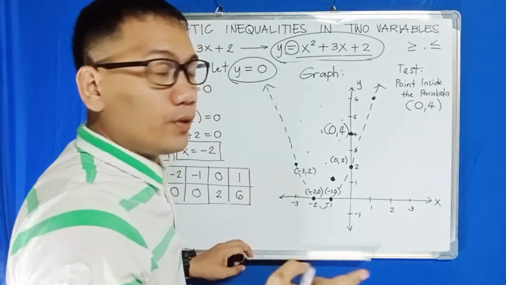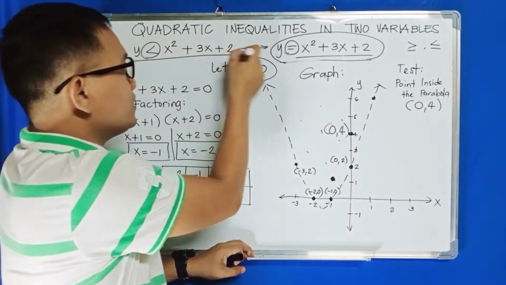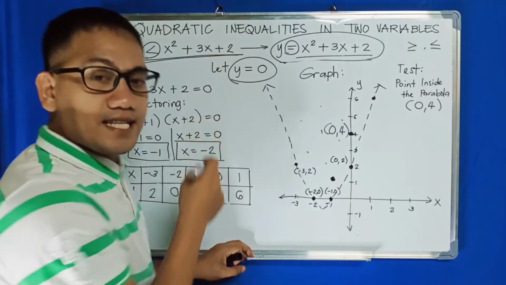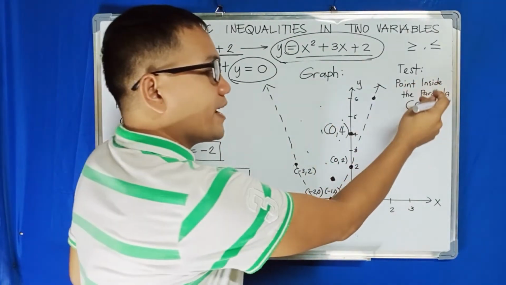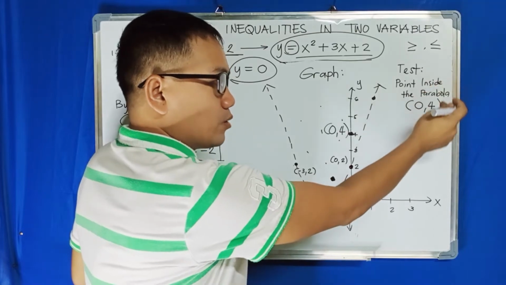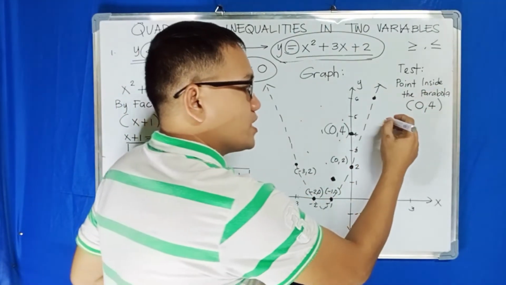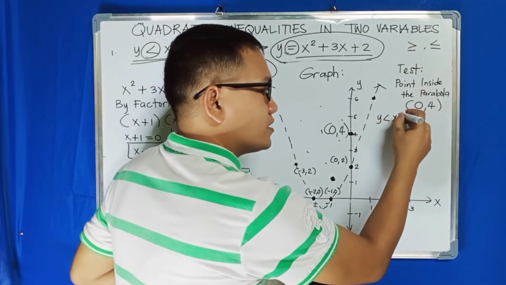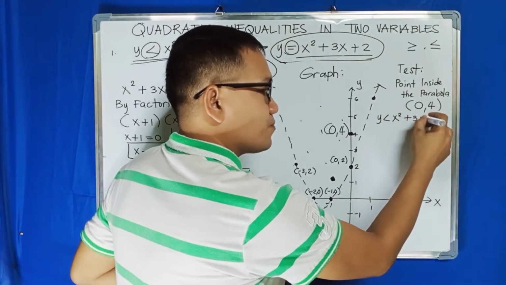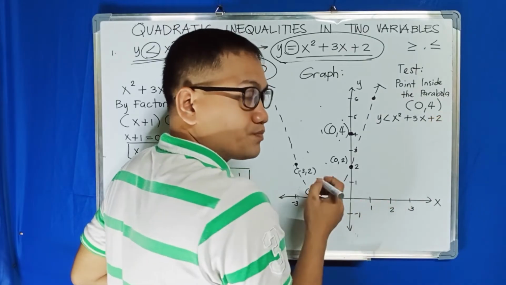So using our quadratic inequality, which is y less than x squared plus 3x plus 2, we will substitute our x by 0 and our y by 4.